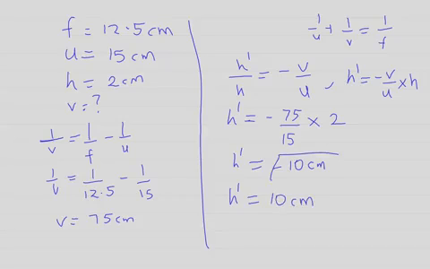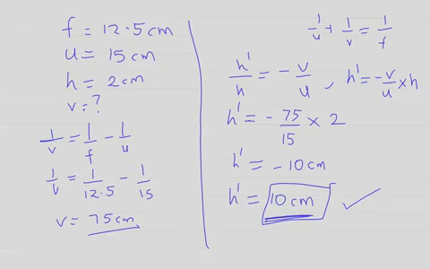Now take note, this minus sign is a result of the image having another orientation compared to the object. If the object is erect, the image is inverted. But the distance itself is positive, and this one is the height, so you can't say that height is negative. The height is positive, so that's why it is 10 centimeters.